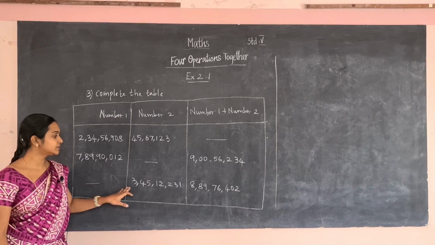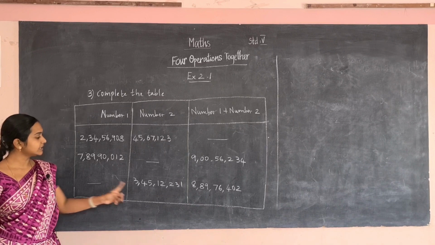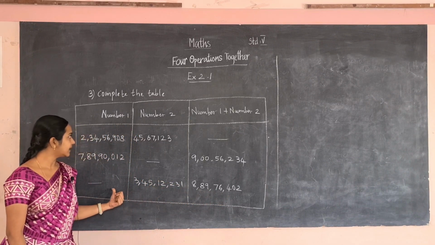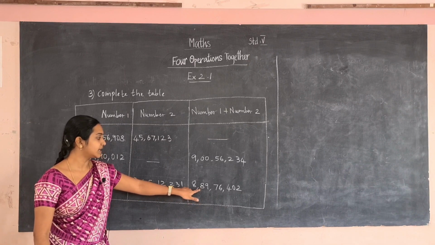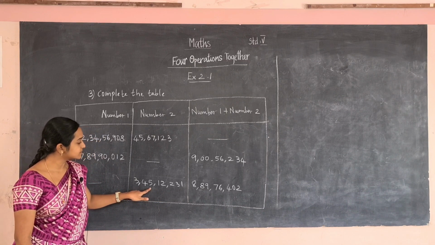Now we are going to do the third one as an assignment. Now number 1 is not given; number 2 and number 1 plus number 2 are given. To find number 1, you have to subtract number 2 from number 1 plus number 2.